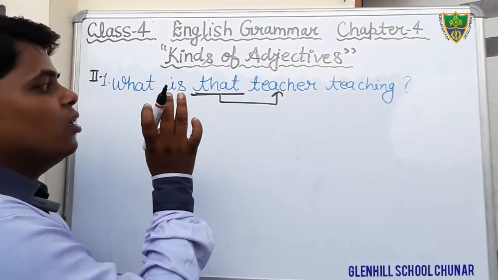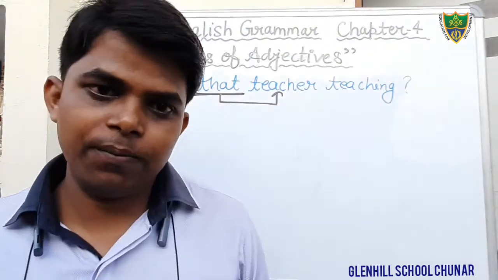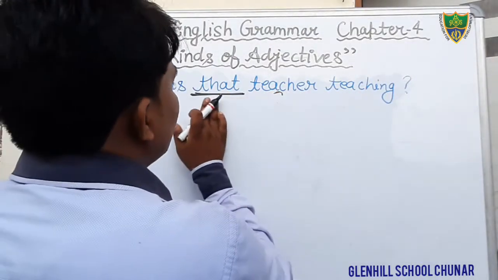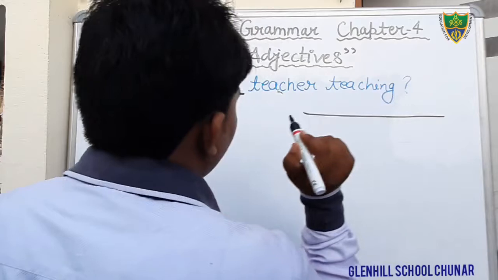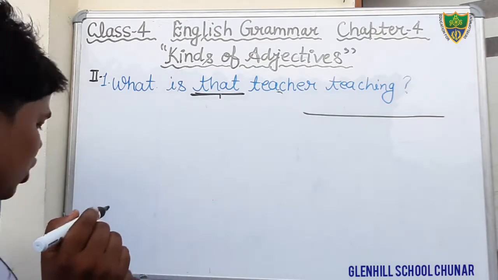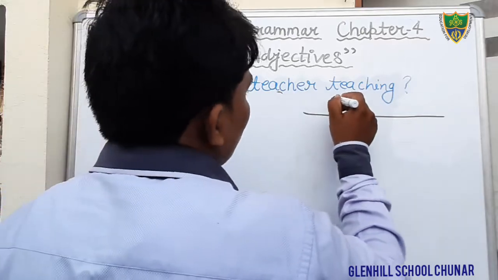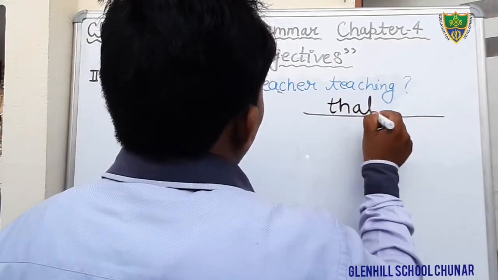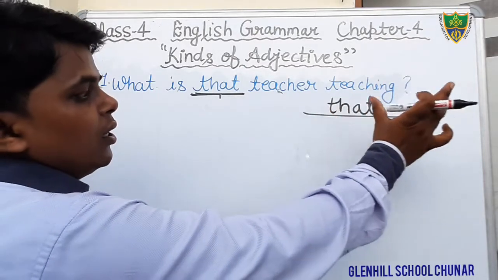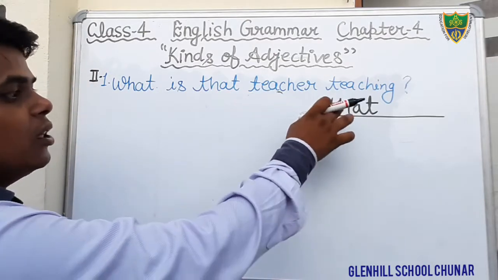Here in this sentence a blank is given, and we have to pick out the demonstrative adjective from the sentence. The word that is the demonstrative adjective. So just write down the word that in the given blank.